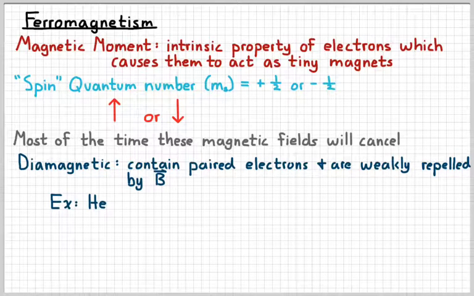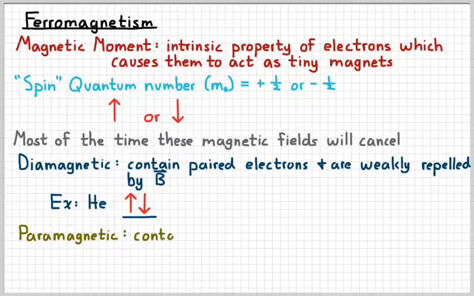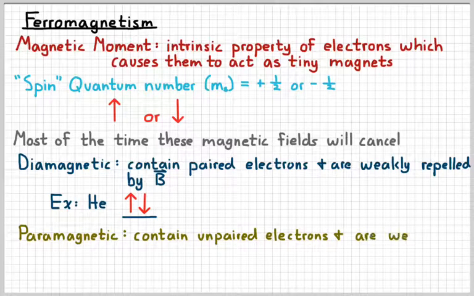For example, helium, being a noble gas, would have 2 electrons, and so helium would be diamagnetic. If you try to put helium in a magnetic field, it would be very weakly repelled by it. A paramagnetic substance is something that contains unpaired electrons and are weakly attracted into a magnetic field.